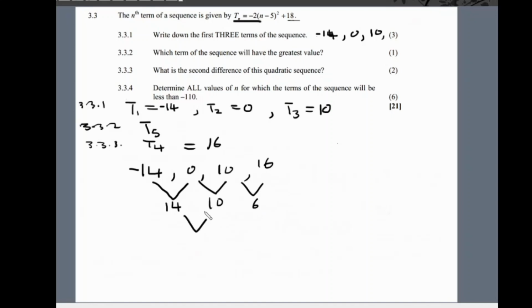So the second difference, you'll say 10 minus 14, you'll get minus 4. And then 6 minus 10, that is minus 4. Therefore, the second difference is minus 4.